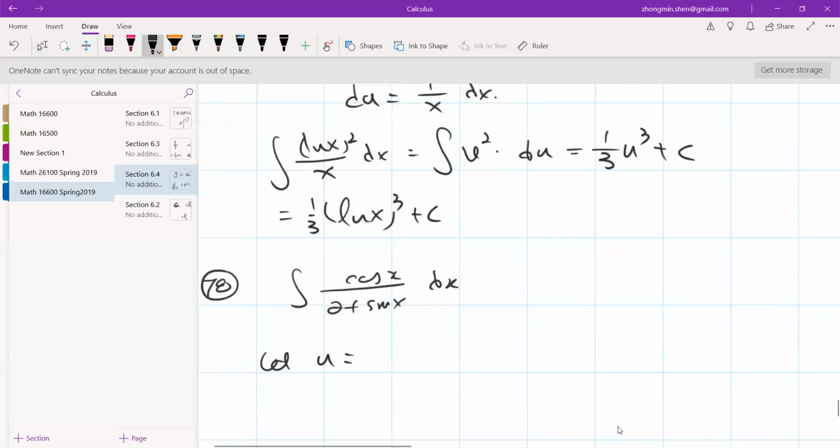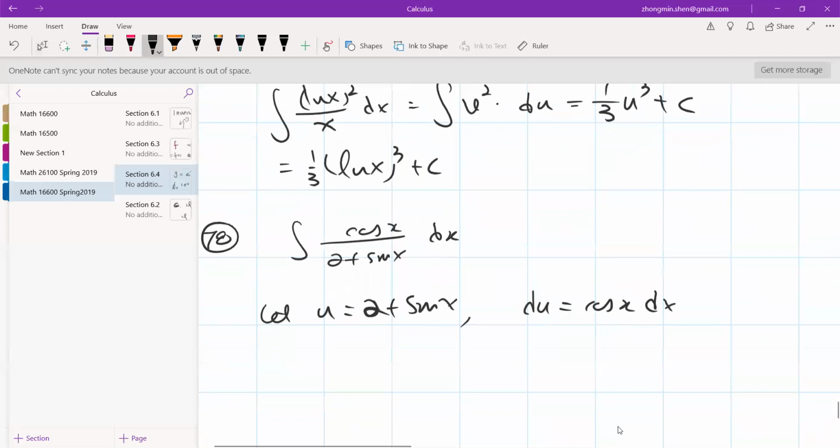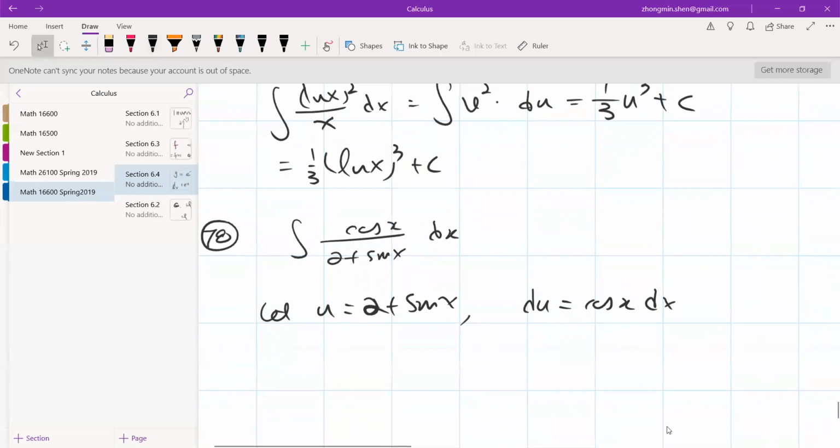So you let u be 2 plus sine x. Then du equals cosine x dx. That's great, because this is what is in the numerator. So the integral becomes just 1 over u du. Then the antiderivative will be natural log.